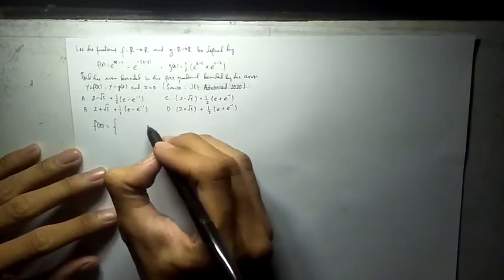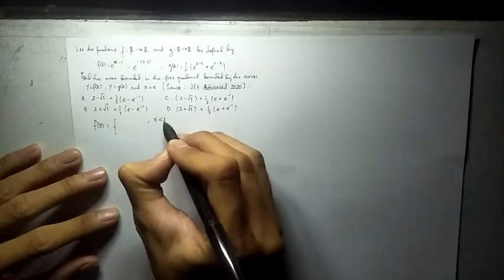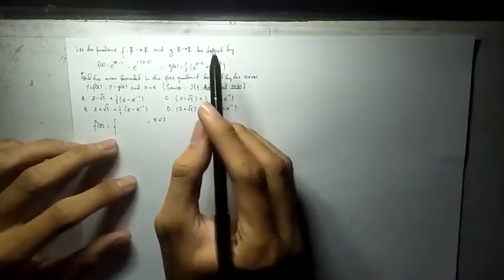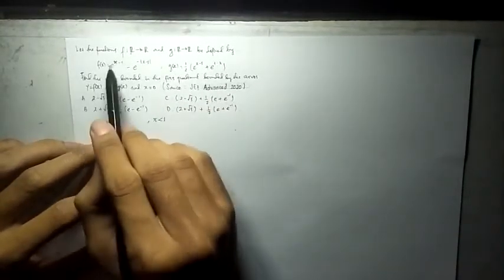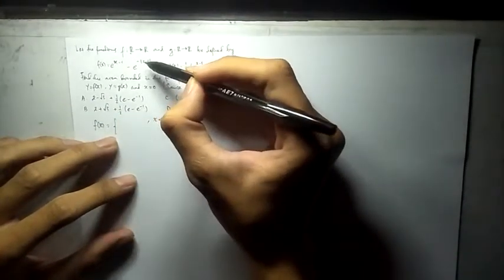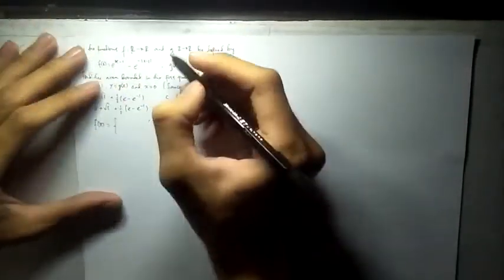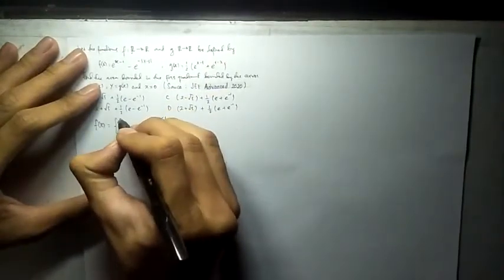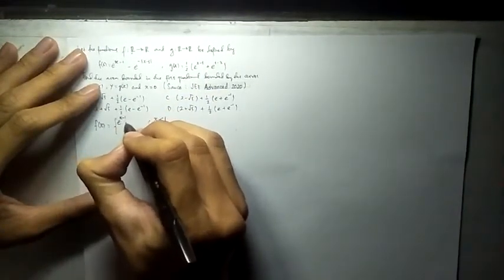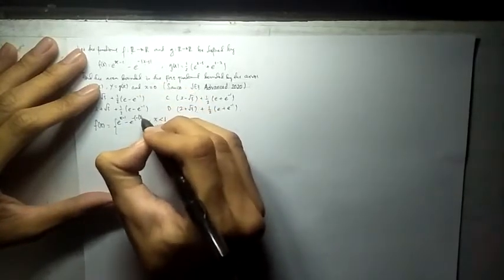Say x less than 1. For x less than 1, the expression inside becomes negative, so the absolute value makes it positive. It is written like this: e to the x minus 1 minus e to the minus of x minus 1.